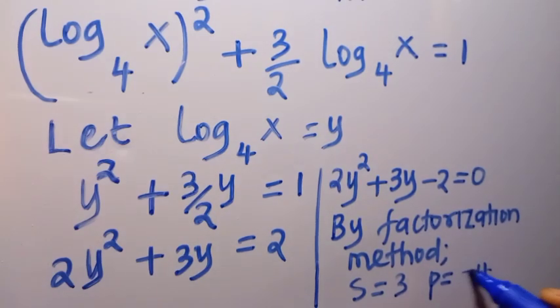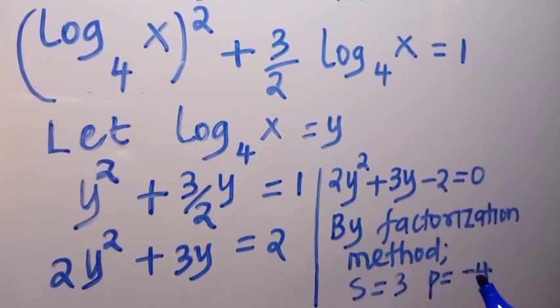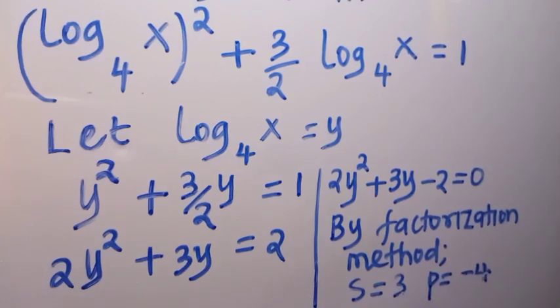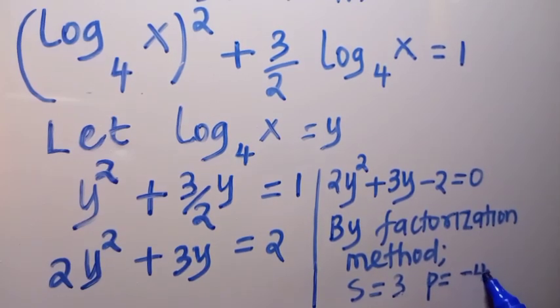Now, which two numbers, when we add them, we get 3, and when we multiply them, we get negative 4?